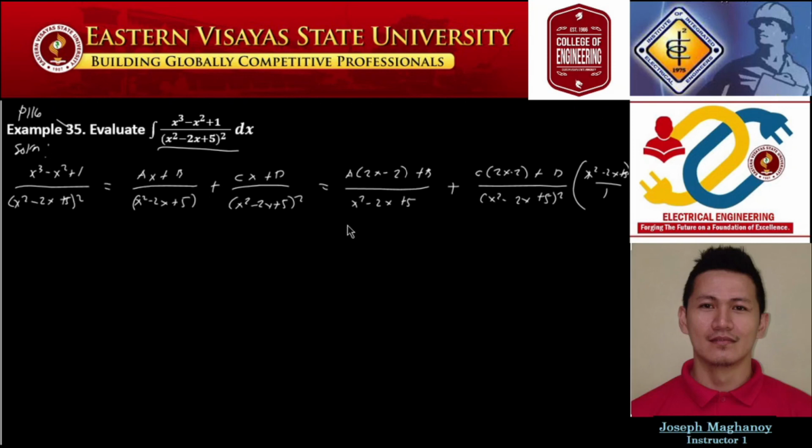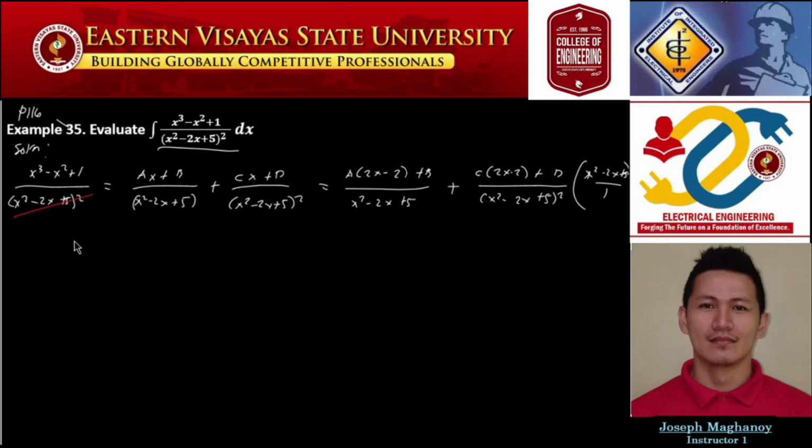If we cancel common factors, at the other side we cancel this out. The remaining in our first term, we cancel one. We still have a remaining since this is squared. Okay, we cancel one of our denominator. So the remaining, we need to rewrite.